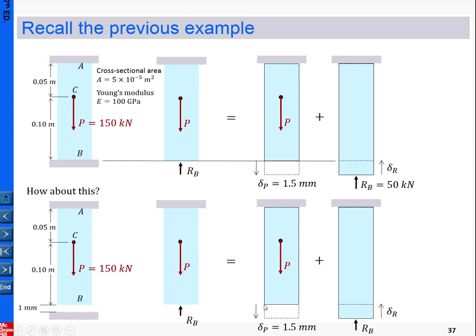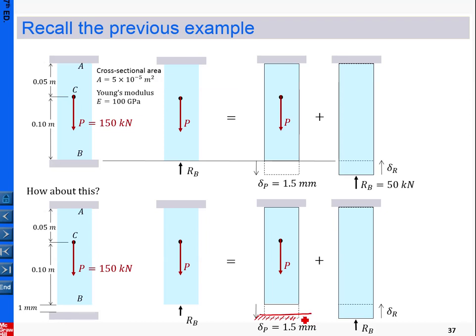However, this deformation exceeds the gap, so there is an additional constraint. Let me draw this one here. This is the real constraint. You can see the additional deformation of 0.5 millimeter is not allowed.